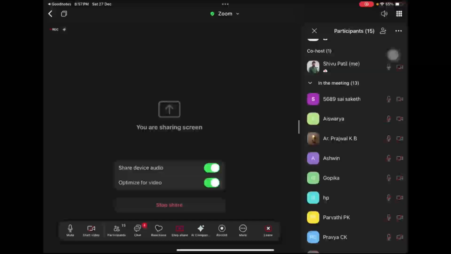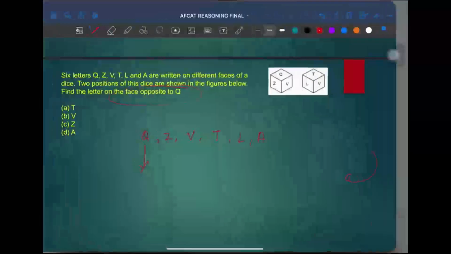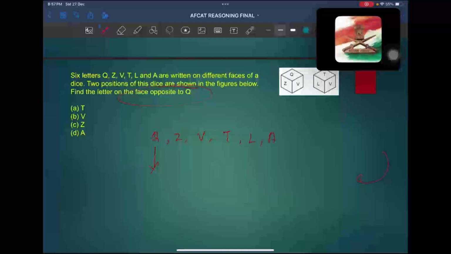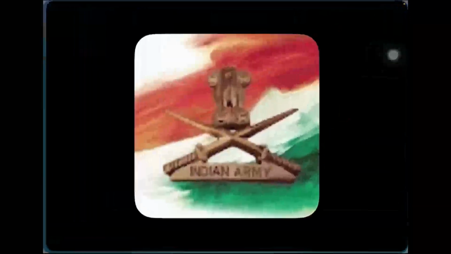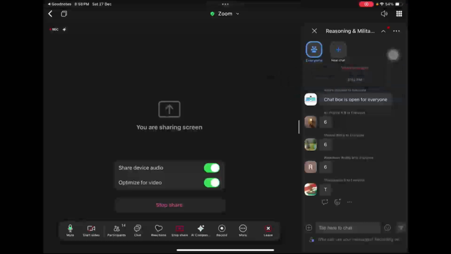Will you try to solve this? 6. Okay. Last question, many people answered, it is 6. Try to answer this question. Tangappan is saying it is T. Okay.